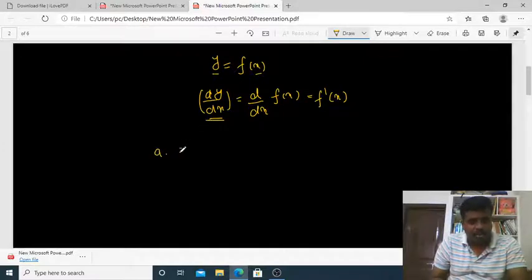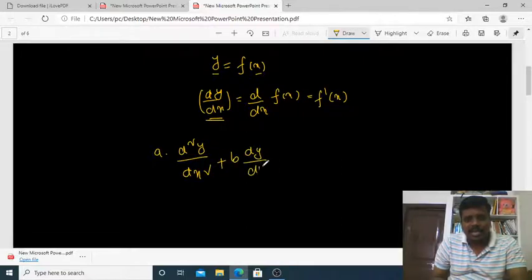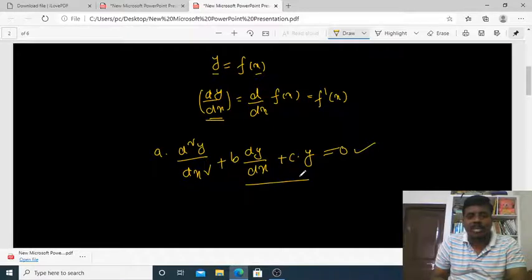Suppose a into d square y by dx square plus b into dy by dx plus c into y equals to 0. It is called a differential equation of second order derivative having y. y is called the dependent variable, x is called the independent variable.